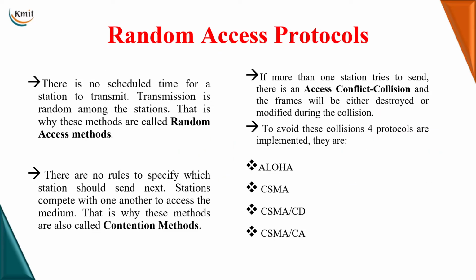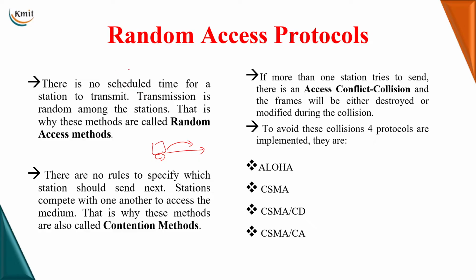Why are the protocols named random access protocols or the method called random access methods? Because the station, when it is transmitting on a shared medium, will not have any scheduled time to transmit. It can transmit randomly anytime whenever it has data to send. That is why we call it a random access method.